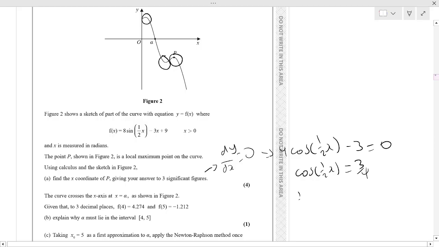So a half x would be cos inverse of 3 over 4, so half x would be 0.27227. Then if you use the cos graph to find the other solutions, 3 over 4 would be about there, right? So then the next solution would be there. Hang on, let me draw a better cos graph.